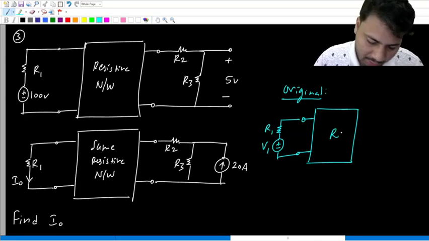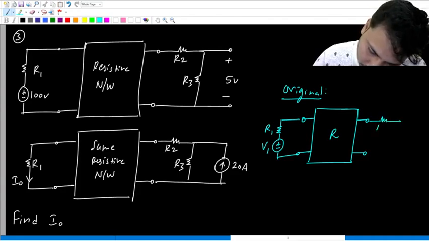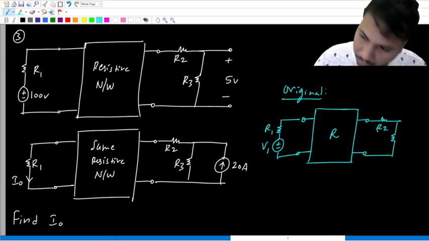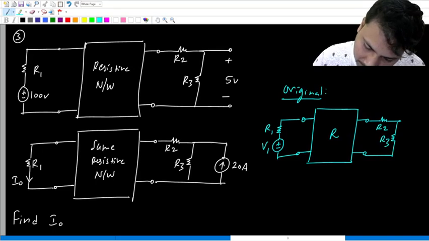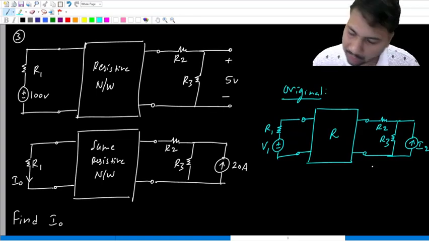And this resistor is R1. This is R2, R3, and then on the right hand side we have a current source, which is I2.